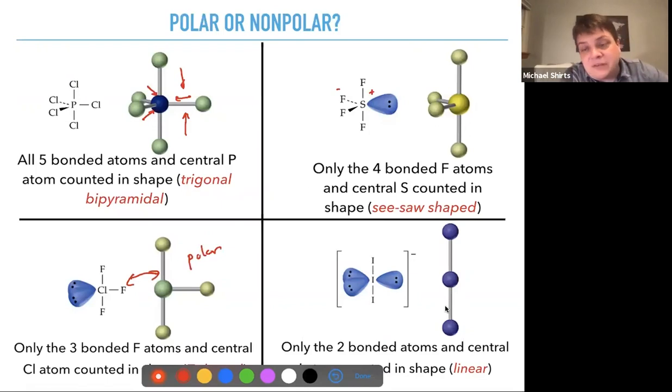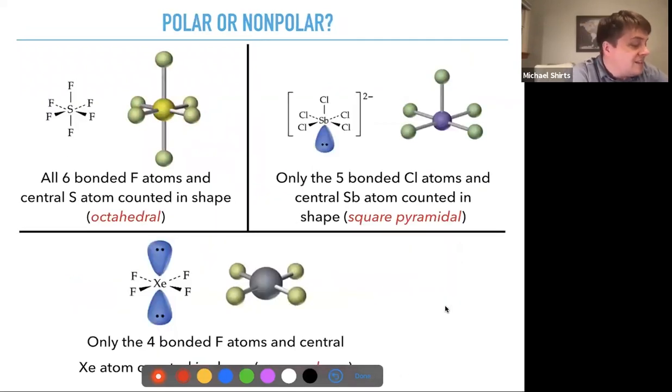If something is linear, of course, if they're all symmetric, then it won't be polar. So that'll be nonpolar. Of course, in this case, I3 is an ion, so the polarity is sort of irrelevant because it's already charged. If we go to this case, octahedral, it's completely symmetrical. It is nonpolar, again, as long as everything's identical.